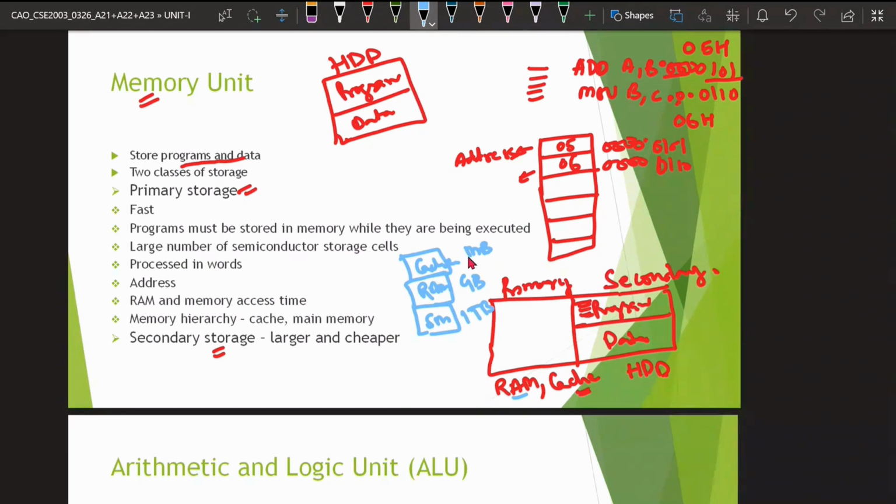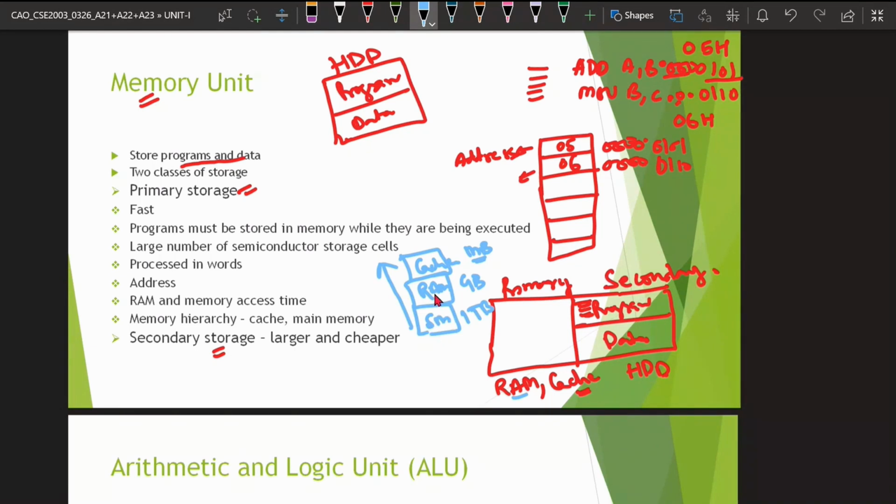Cache memory is in MBs, but it is very costly. Also, the speed increases. The hard disk has the lowest speed, then the RAM, and above RAM there is the cache memory. So cache memory is much costlier but has higher speed. The secondary memory, that is the hard disk, is less costly but has lower speed.